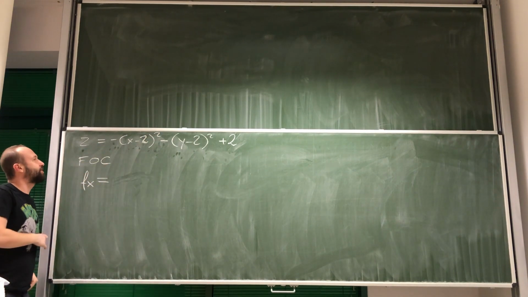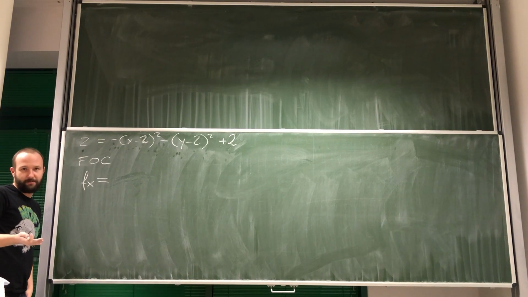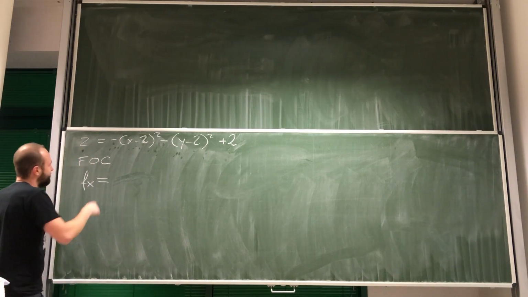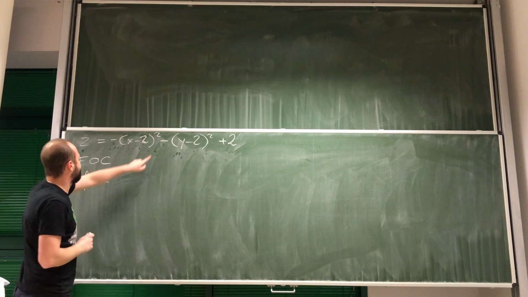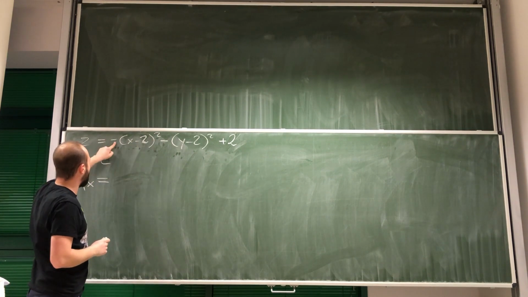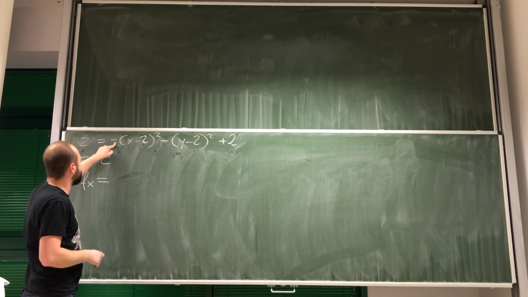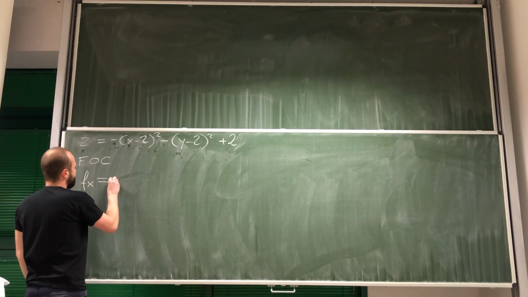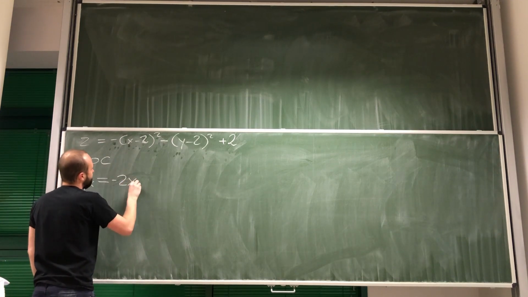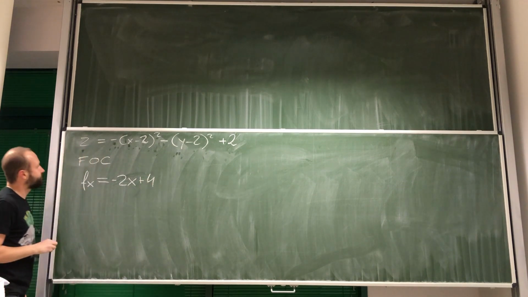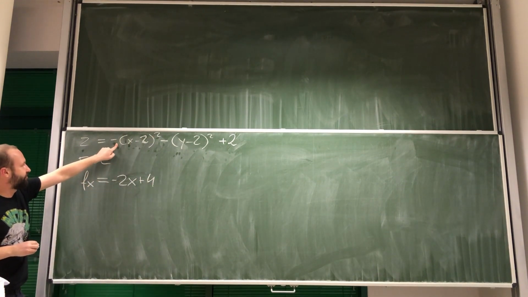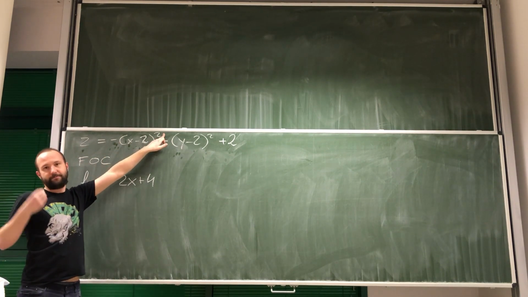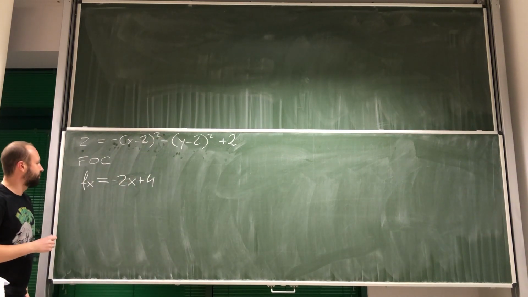And look, here we need to use the chain rule. I'm sorry, I was thinking about integrals. We need to use the chain rule of differentiation. So what is going to happen? 2 goes up front, the derivative of the outside function, and the derivative of the inside function with respect to x is of course 1. So we get negative 2x plus 4, because this 2 goes up front and when we multiply everything inside, we get negative 2 times (x minus 2), which is negative 2x plus 4.